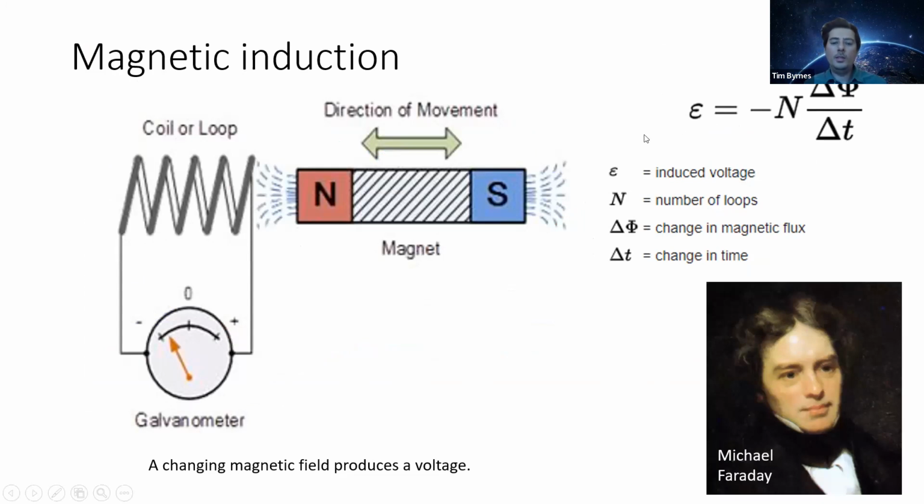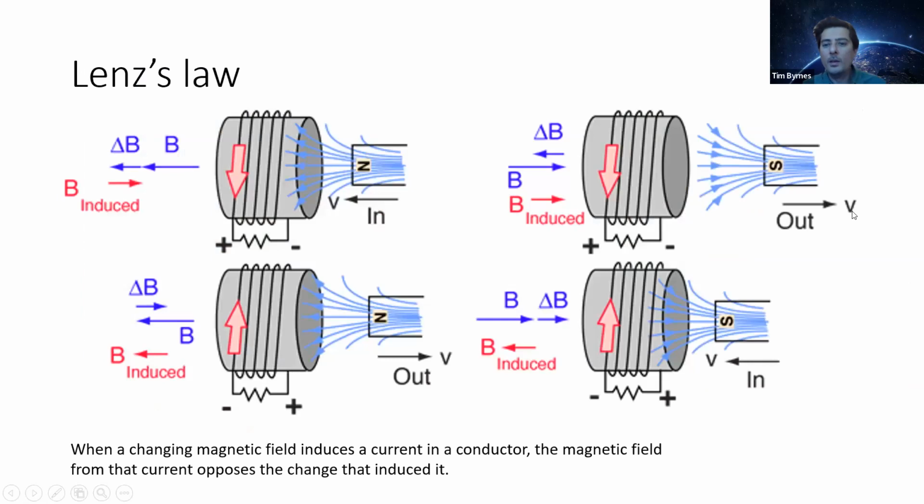Basically, ultimately, all these things are somewhat the same thing. So a changing magnetic field produces a voltage inside a loop. Okay, so that's really the key point that I want you to understand, even if you're not familiar with all the details of these laws. But a changing magnetic field produces a voltage or an electric field.